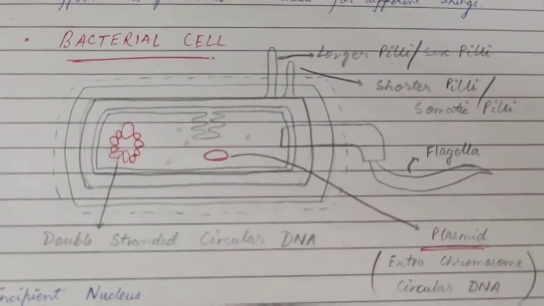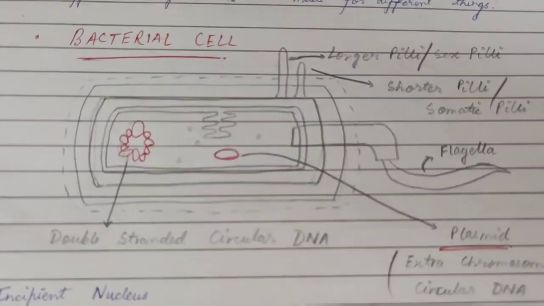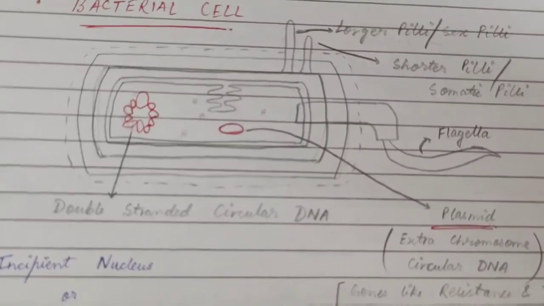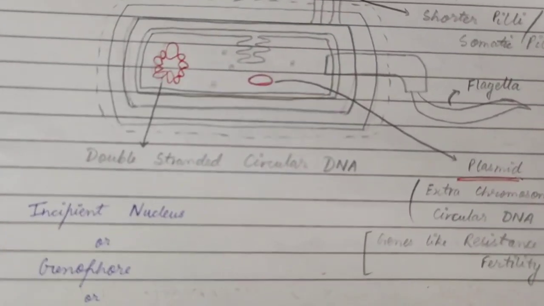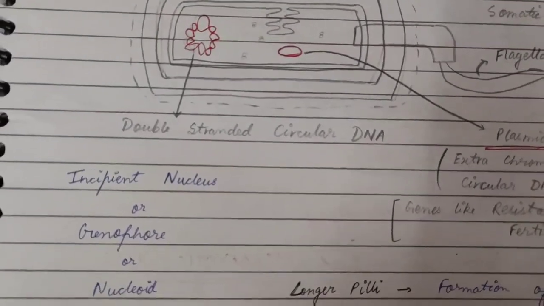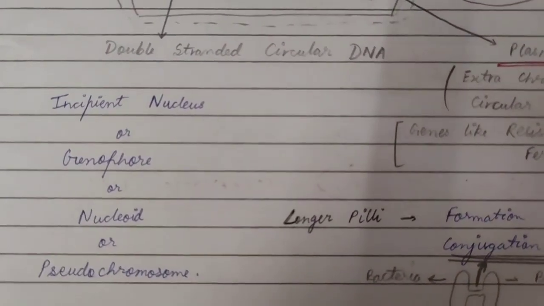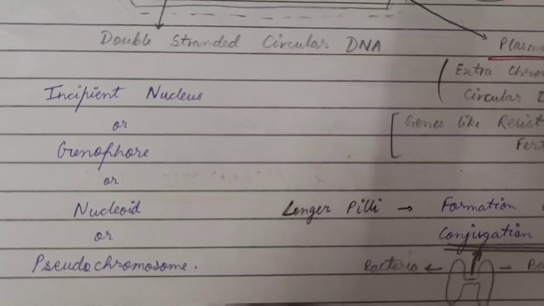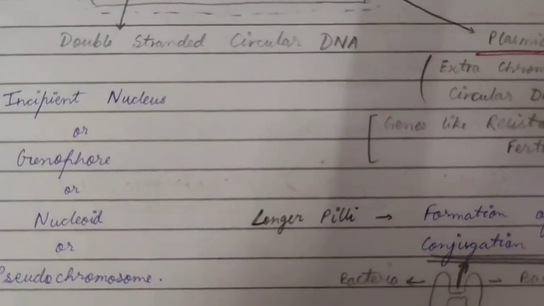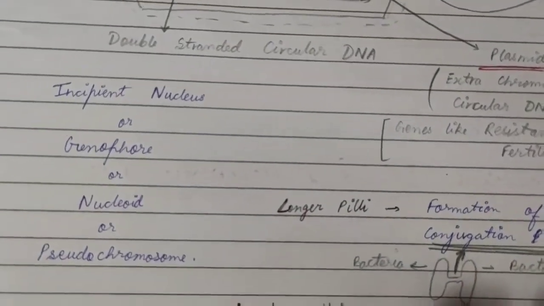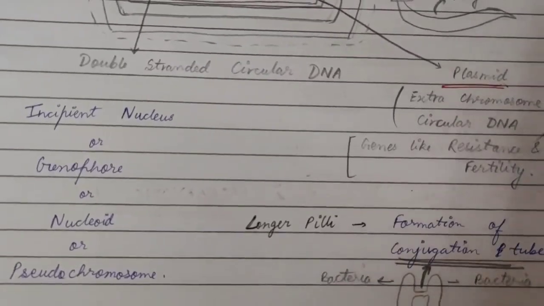The double stranded circular DNA is also known as incipient nucleus, genophore, nucleoid, or chromosome. Pseudo means false, and chromosome means genetic material.